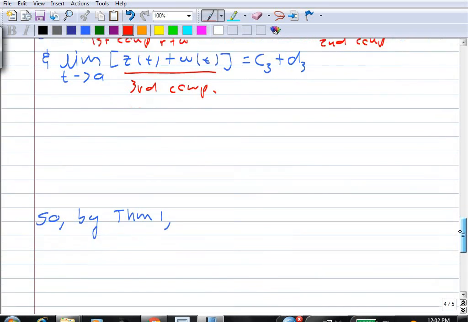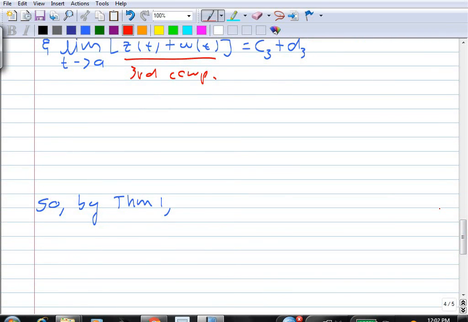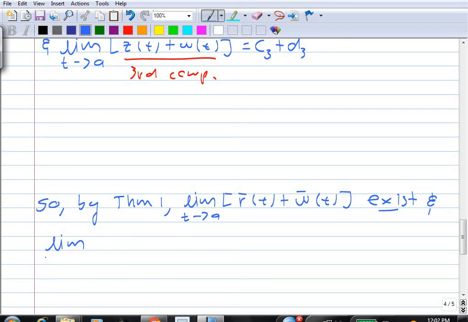That means that we can apply theorem 1. So by theorem 1, the limit as t goes to a of r of t plus w of t exists. That's the first thing we wanted to prove. And what is the limit? Well, we have to look at the limit of the components.